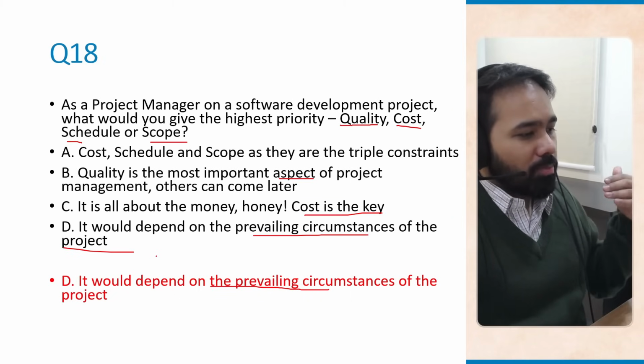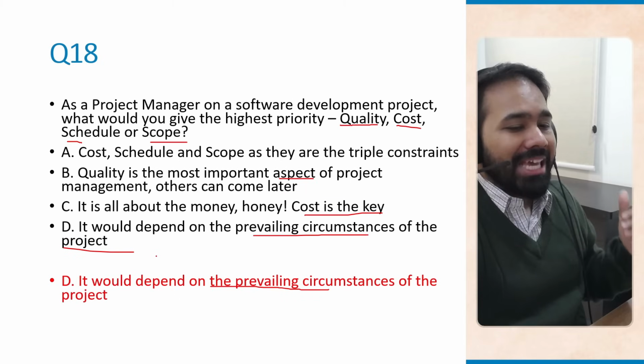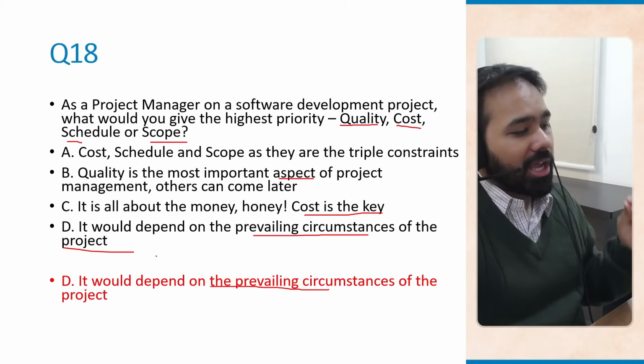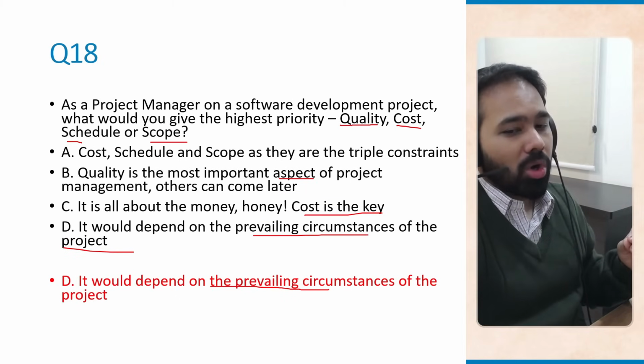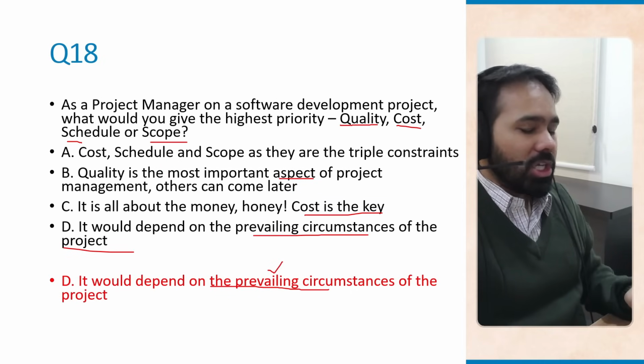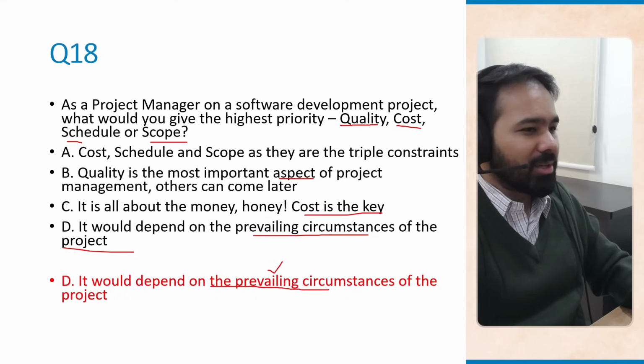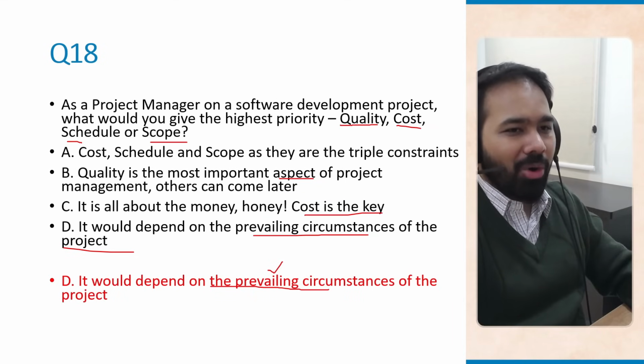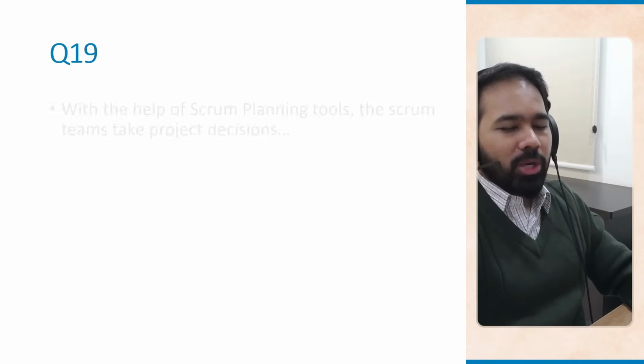You should also balance quality based on specific priorities of the project and the prevailing circumstances of the project. So there is no universal most important when it comes to quality, cost, schedule, scope. Everything is context driven.